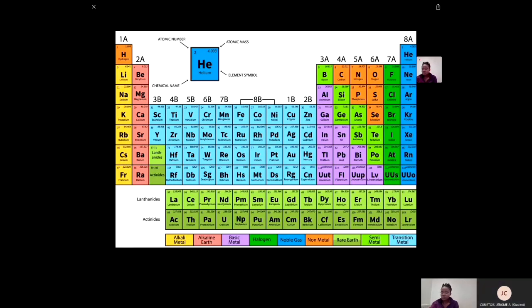However, whilst most carbon atoms have 6 neutrons in their nucleus, making 12 overall, some carbon atoms have 7 neutrons, making them carbon-13 isotopes. I don't know if that's starting to make any sense to you there.